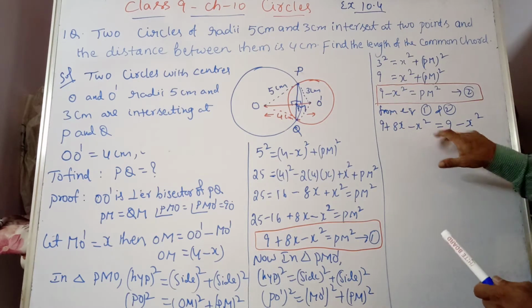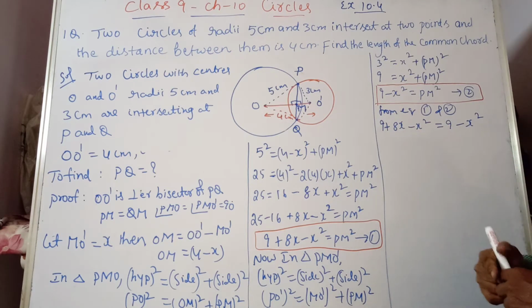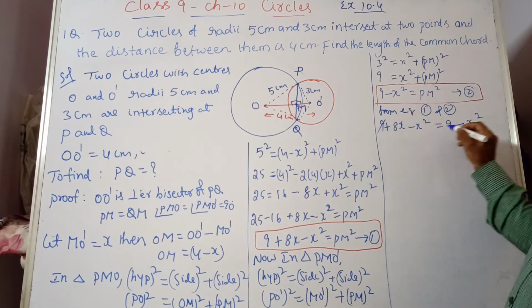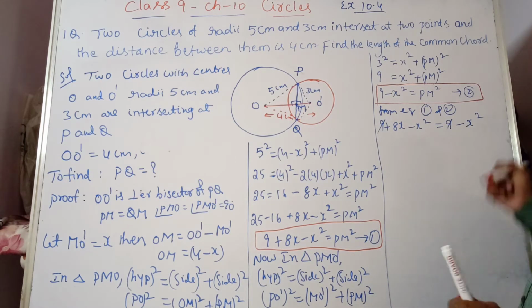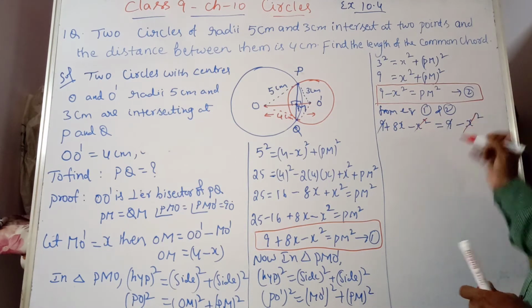You see the terms are also equal, so 9 cancels with 9 and minus x square cancels with minus x square.